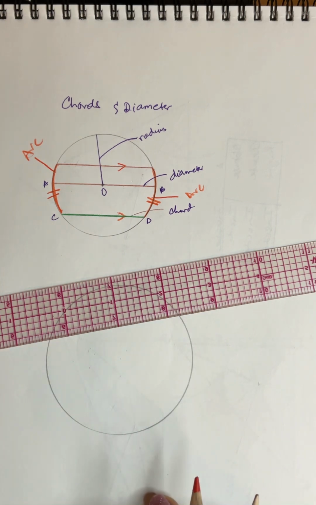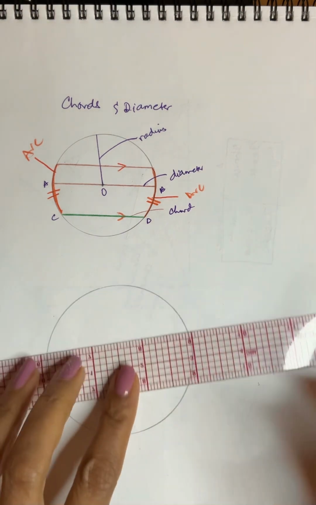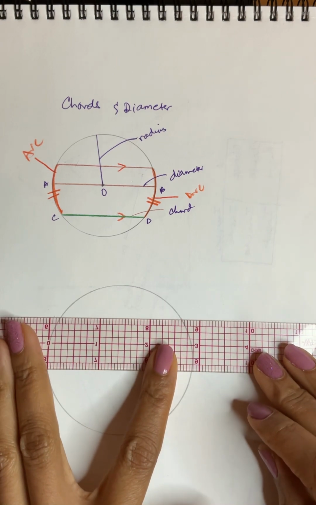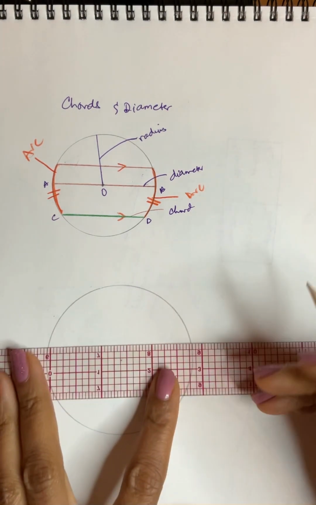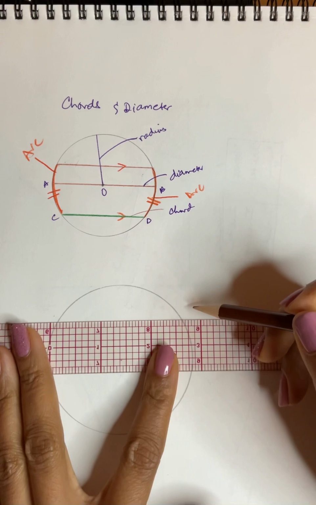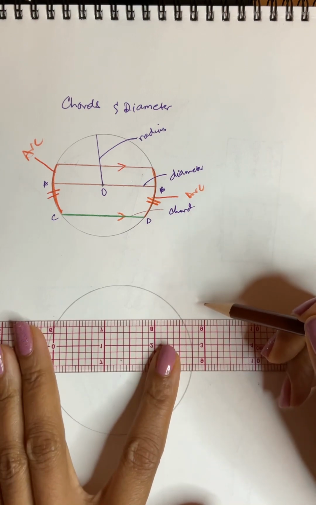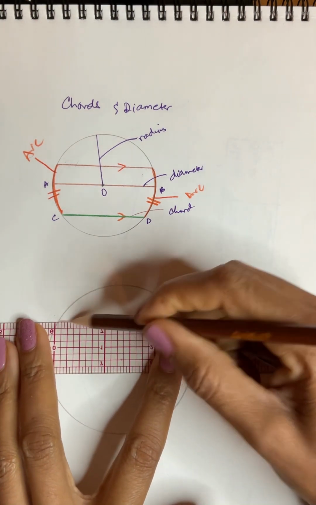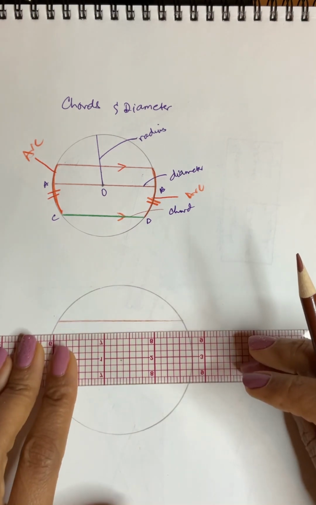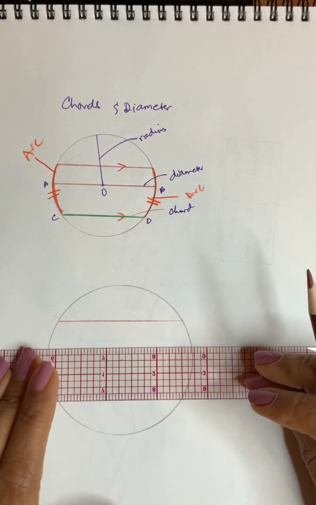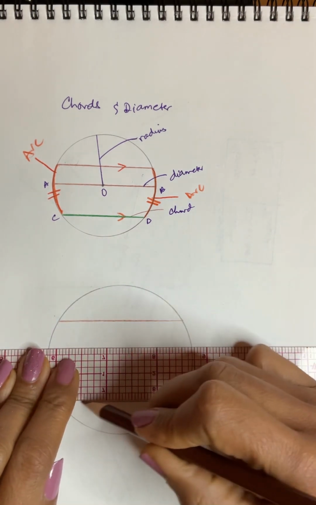Now, also another thing is that congruent chords have congruent arcs. So if, say, for instance, I have my center there, and I have this chord here, and this one.